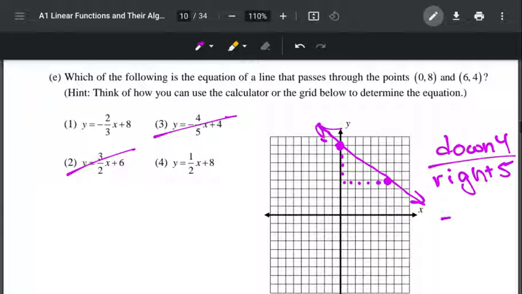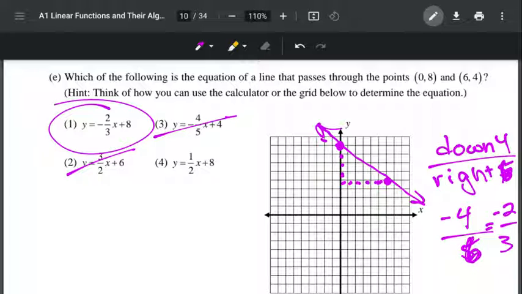When we move down, we know it's a negative, so it's negative 4 over 5. That's not right. 1, 2, 3, 4, 5. Oh, my bad, it's 6. Oopsie. And negative 4 over 6 simplifies to negative 2 over 3. And there's your answer for that one.